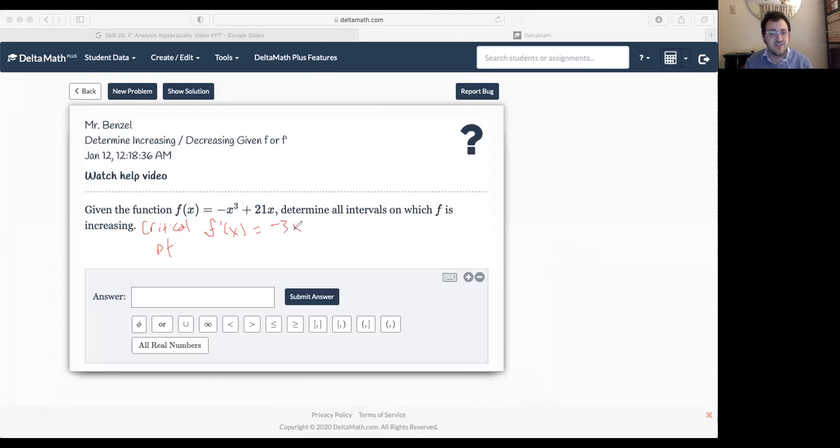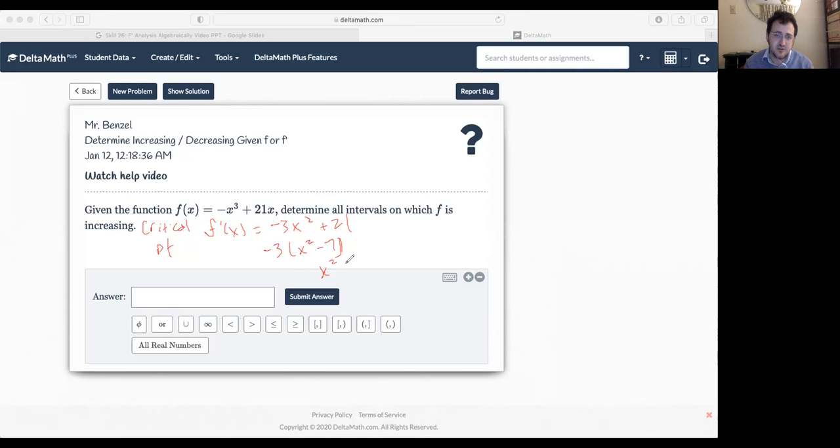So I have -3x squared plus 21. At this point, I'm going to pull out a -3. And I'll have x squared, and let's see, -3 times -7 is 21.